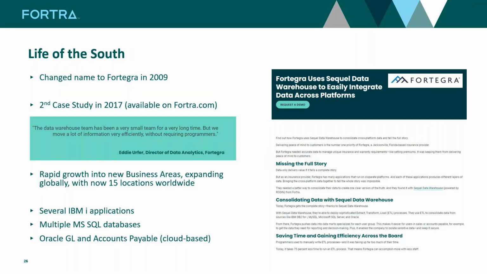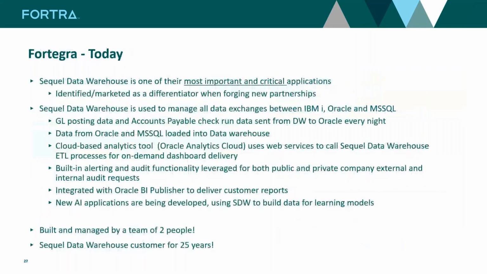So as part of this growth, they've implemented new applications. They've got several IBM applications, multiple Microsoft SQL databases, and I think they also have MySQL. And more in the last few years, they implemented their Oracle General Ledger and accounts payable in the cloud. So as you can imagine, they've got data in many, many different places.